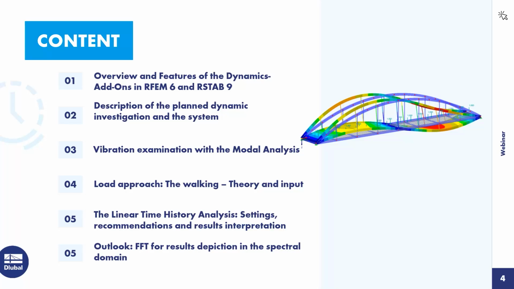Followed by that, we will continue with the time history analysis settings, some tips for time stepping, and also the results interpretation. Depending on the time left, we will also have an outlook on further processing the results with the help of a fast Fourier transformation into the spectral domain.